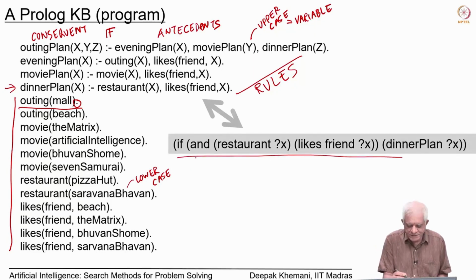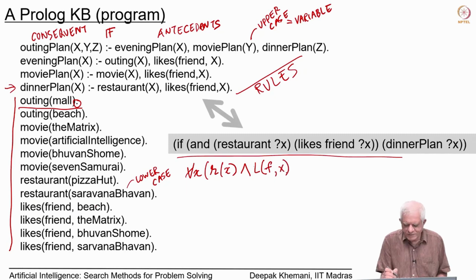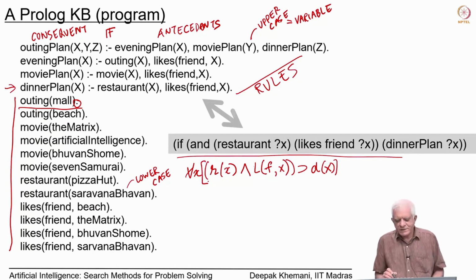So, let me write it again here: for all x, let me just use R for restaurant and L for likes, F for friend and X for the variable implies dinner plan X. Remember, in first order logic variables, we had some conventions that x, y, z are variables and things like that, and of course, in this case it is a quantified variable.